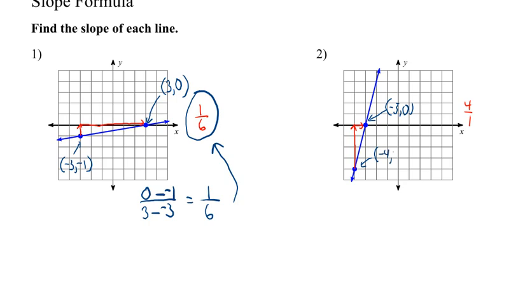When I went up 4, it's because I started at negative 4 and I finished at 0. So how far did I go? 0 minus negative 4 gives me 4. And when I went over 1, it's because I started at negative 4 and I finished at negative 3. How much of a change is that? Negative 3 minus negative 4 is positive 1.